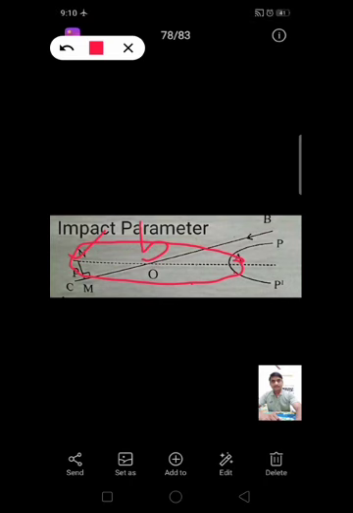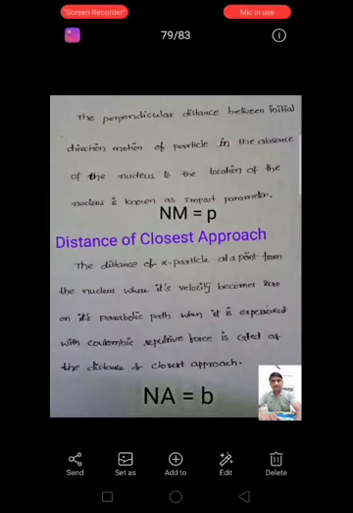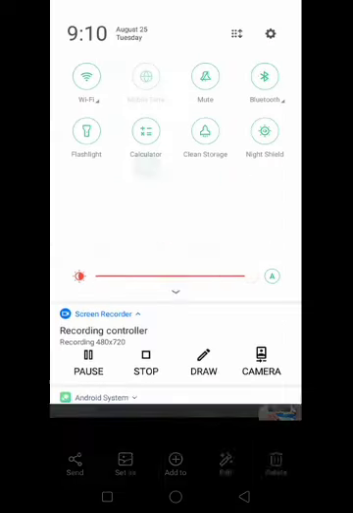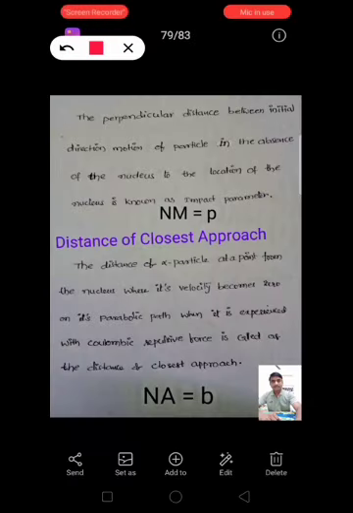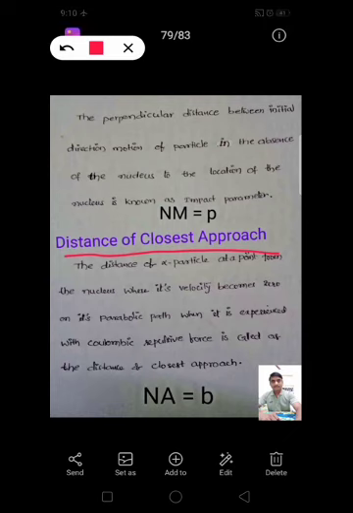Let us see this on the screen. The closest approach is the distance of the alpha particle at a point from the nucleus where its velocity becomes 0 on its parabolic path when it experiences a Coulombic repulsive force.